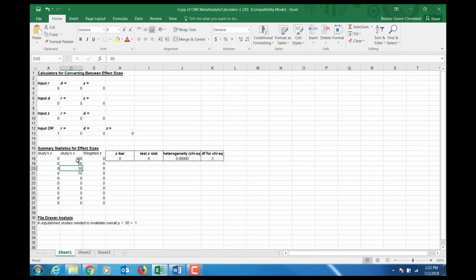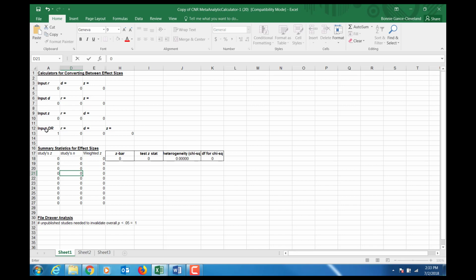Those findings are going to be reported to you so that study 1 has a test statistic D reported at 0.89. So if you go up here, it says you can input the R, input the D, input the Z, or input the odds ratio.